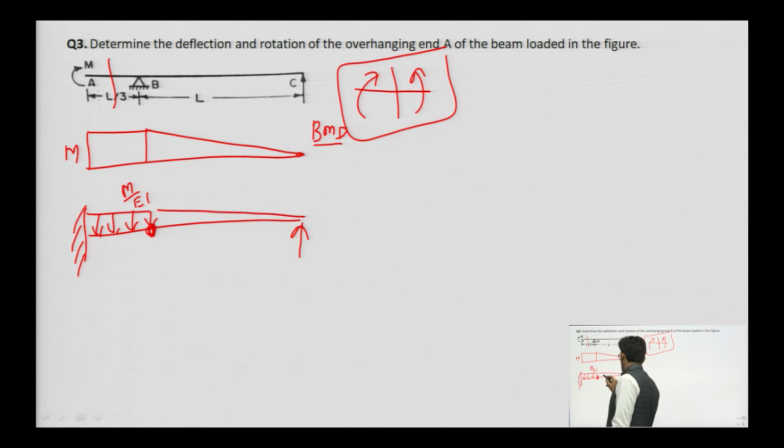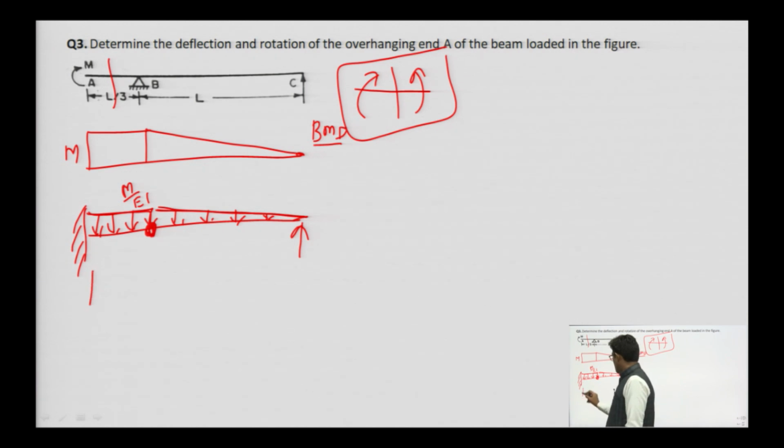And here it is triangular. So this is the loading on the conjugate beam. UDL type of loading here, and here is a triangular loading.